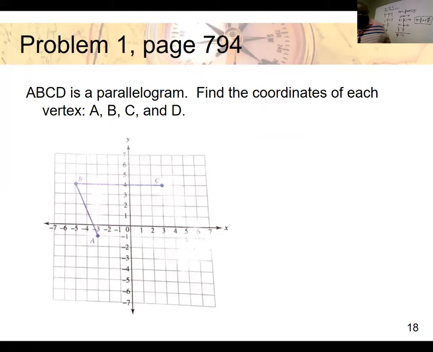Now I apologize if this is not the best looking picture, but it does say here that ABCD is a parallelogram.